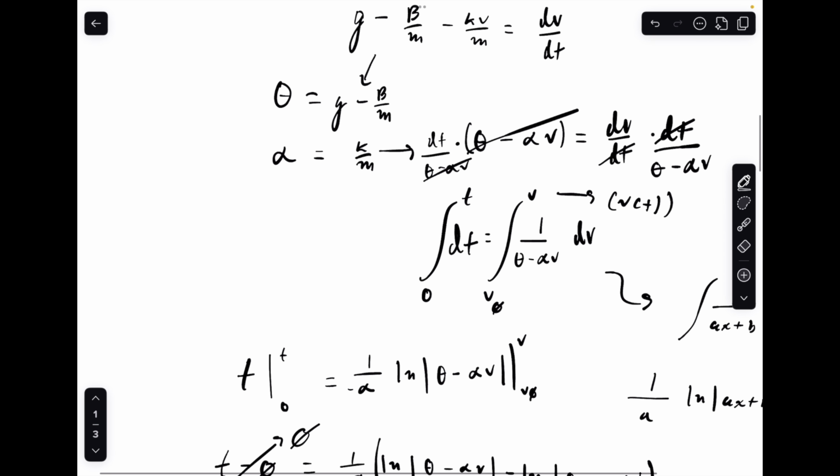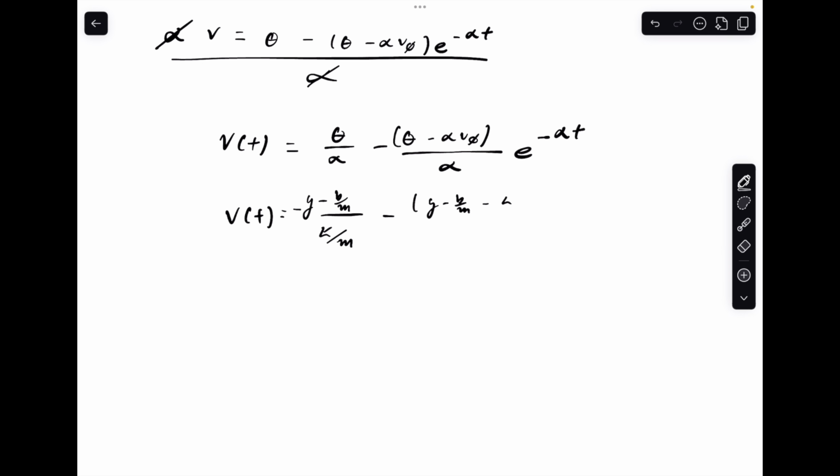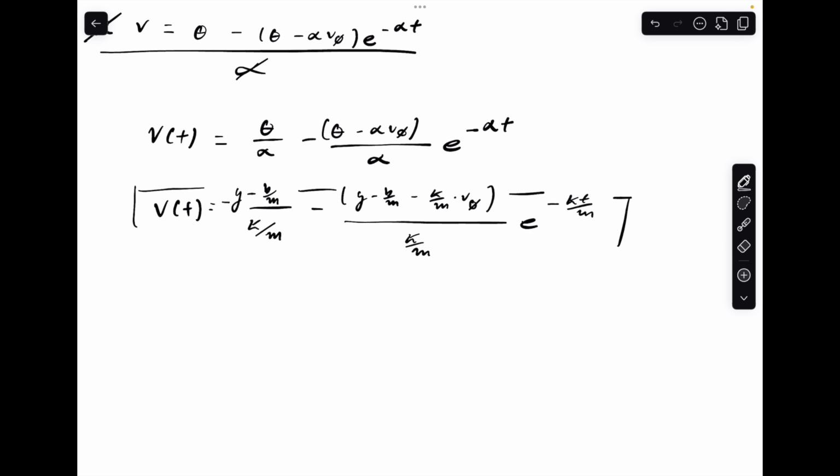See, this is why this is annoying sometimes. k over m, minus g minus b over m minus k over m times v naught, all over k over m, times e to the negative kt over m. And that is your final equation. Now you could simplify this, just don't.